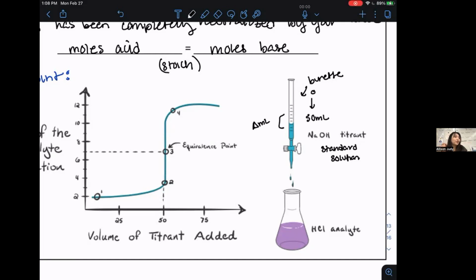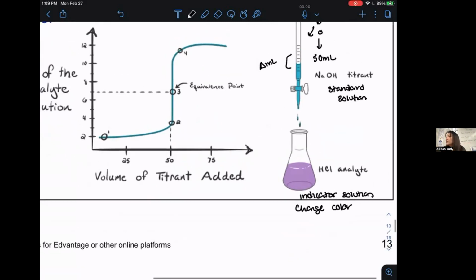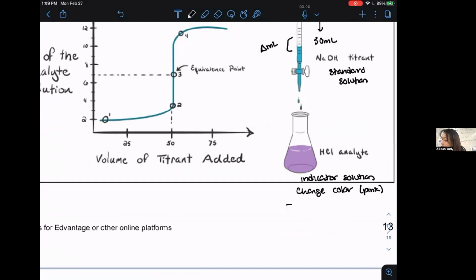You release your base and you see at what point the indicator solution changes color. With universal indicators, we tend to look for a pink. There are many types of indicator solutions depending on the type of reaction you're doing with specific compounds, but in our labs we will tend to use a pink color. And when it turns, what this tells us is that we have reached equivalence.